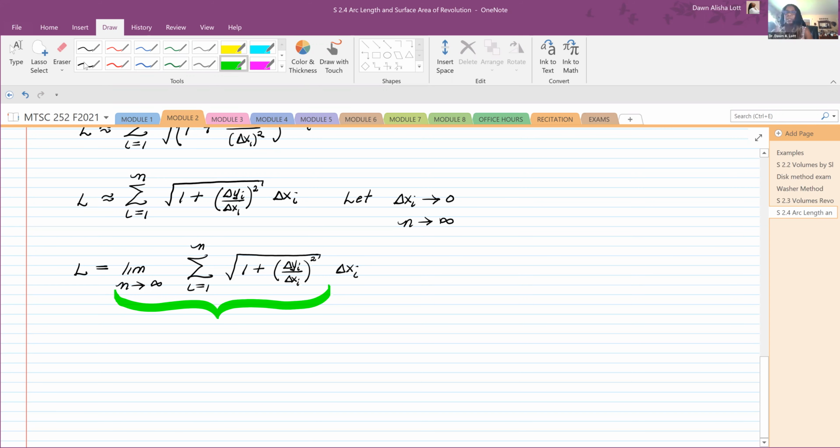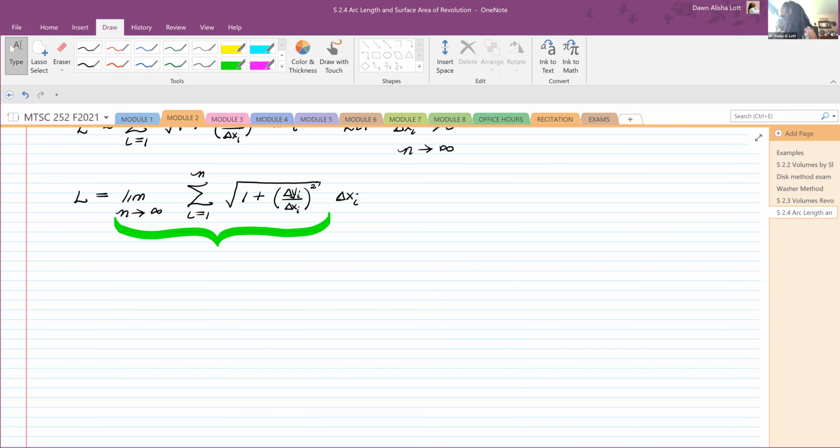That becomes an integral. So therefore, the length of a curve is equal to the integral from where you start to where you end of the square root of 1 plus dy dx squared, dx. And this is the length of a curve.